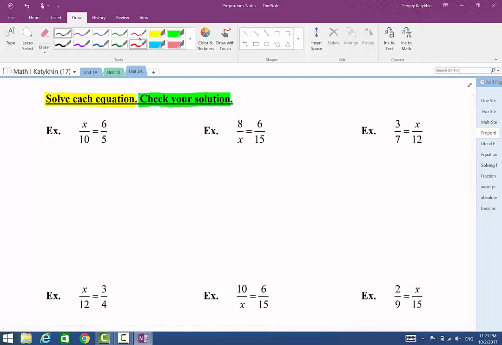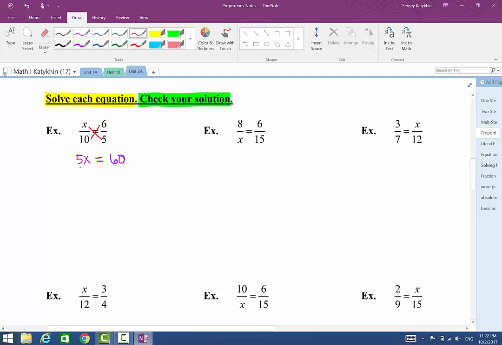Because we have a proportion, we can go ahead and cross multiply. What this means is we can take x times 5, which is 5x. Notice I still have an equal sign. That's still there. It does not disappear. And then 6 times 10 would be 60. So now this is a one-step equation.